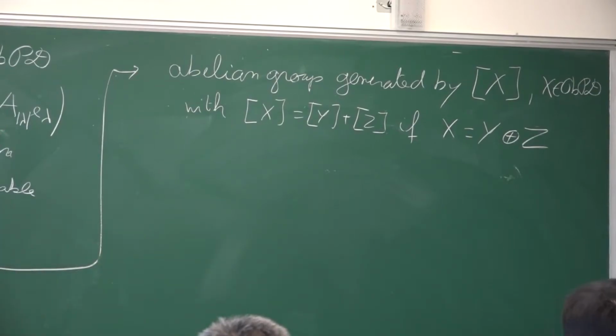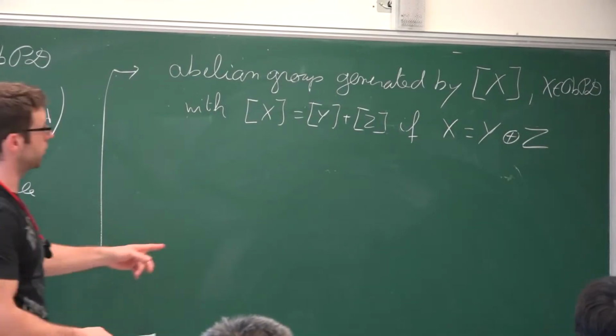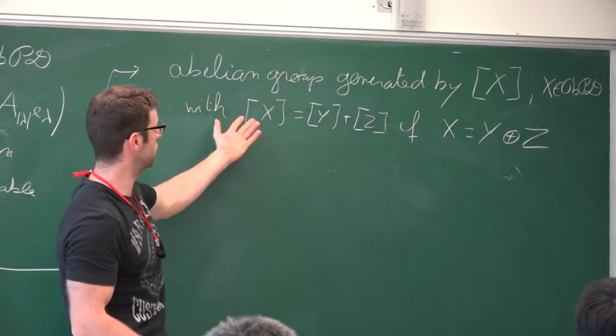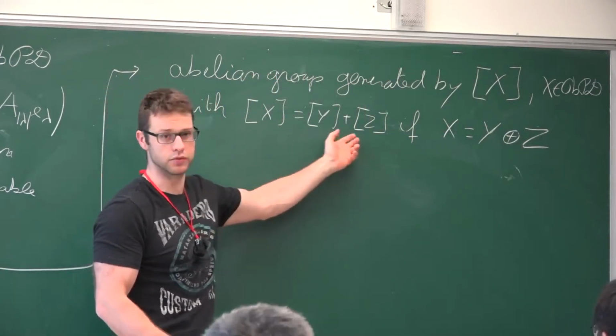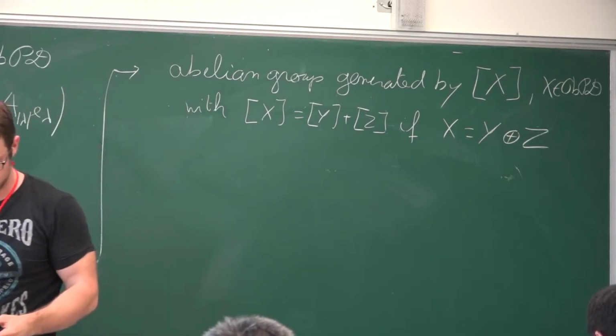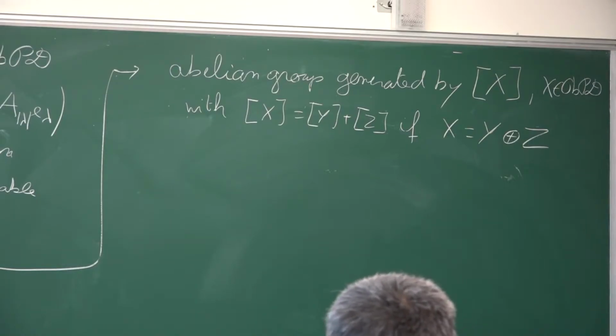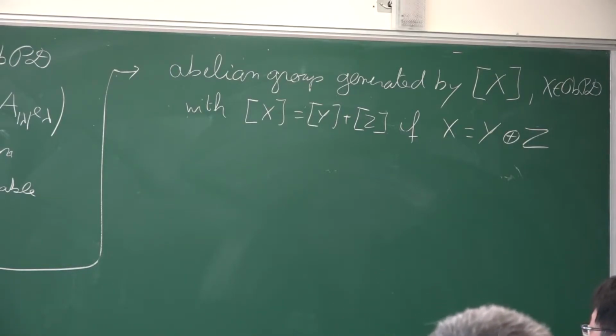So if some object is a direct sum of two other objects, then in the split Grothendieck group we say that its image is equal to the sum of those images. So in other words, this is just a free abelian group generated by the isomorphism classes of the indecomposable objects.